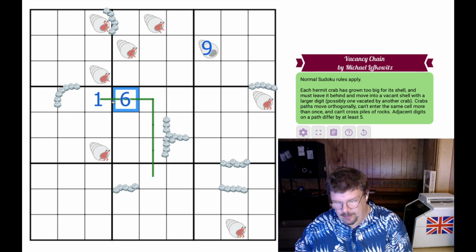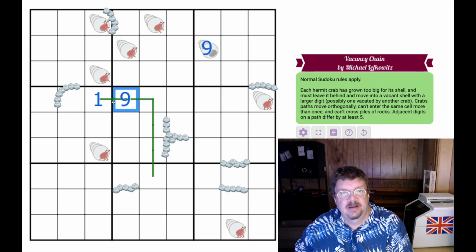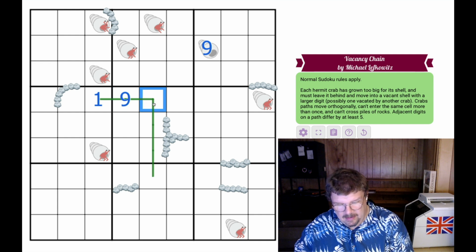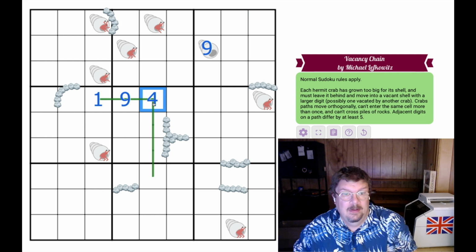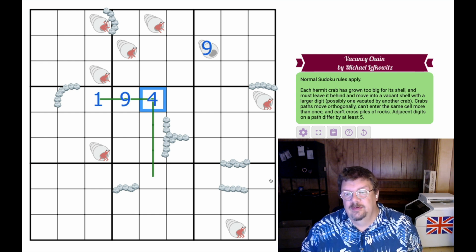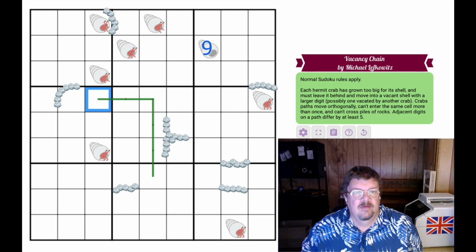And even if we put it as high as 9, if we go at least 5 away, the biggest that can be would then be a 4. So we're always going to be alternating between above 5 and below 5.